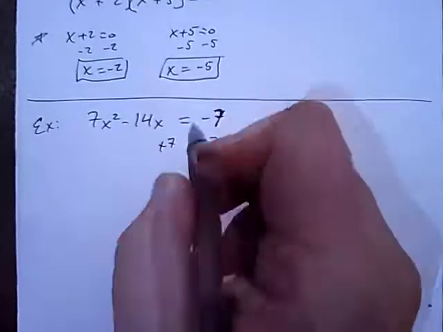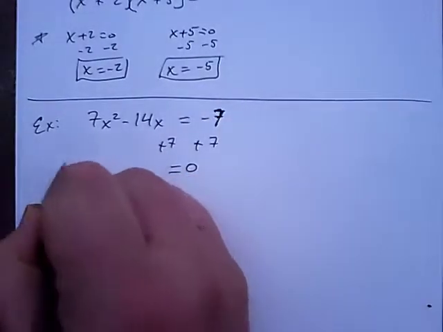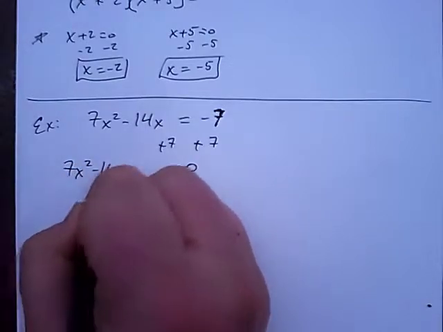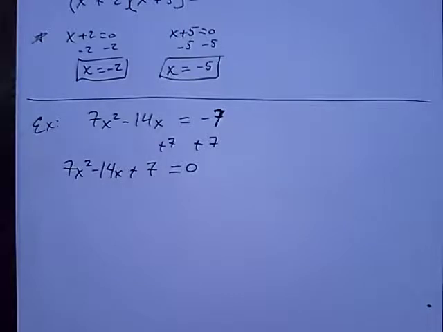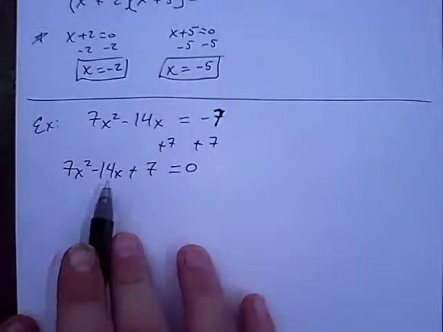And that would then give me 7x squared minus 14x plus 7 equals 0. And now I need to factor. At this point, I hope you remember to do the greatest common factor first. Well, the greatest common factor, I have a 7, a 14, and a 7.